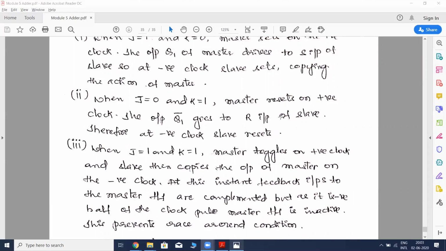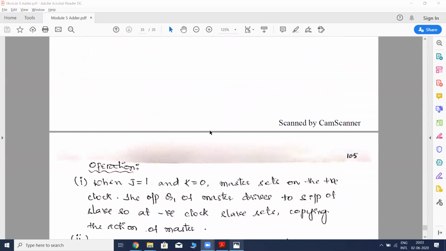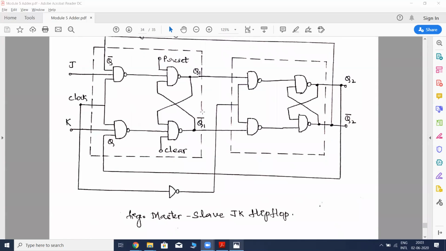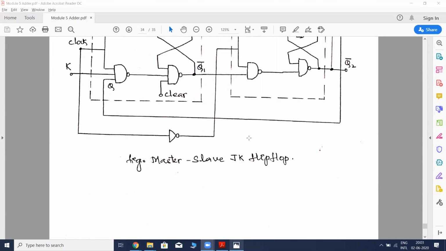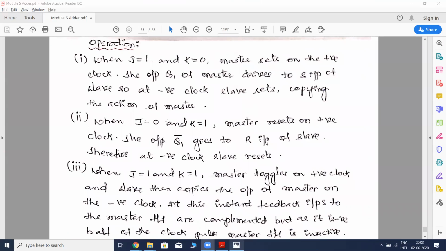The output Q1 bar goes to the R input of the slave, is it not? So therefore, at the negative clock, this slave is going to reset.